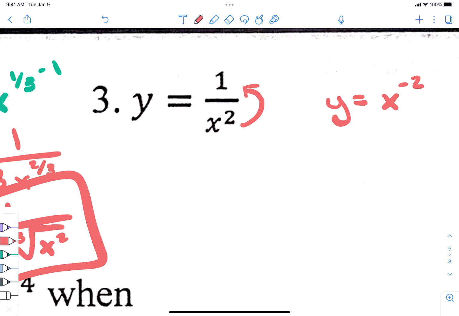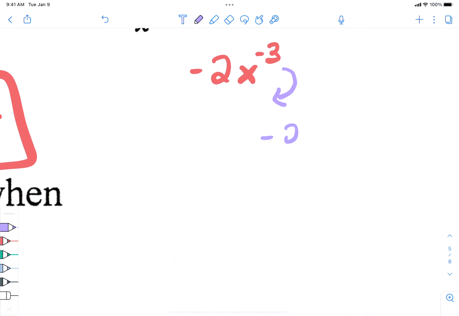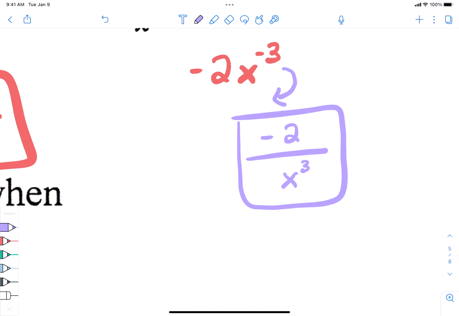Negative 2 comes down in front, x to the negative third. If you subtract 1 from negative 2, you get negative 3, okay? Now let's fix it again by moving it back down to the bottom. So it will be negative 2 on top and x to the positive third on the bottom. Does that make sense? That is its derivative.